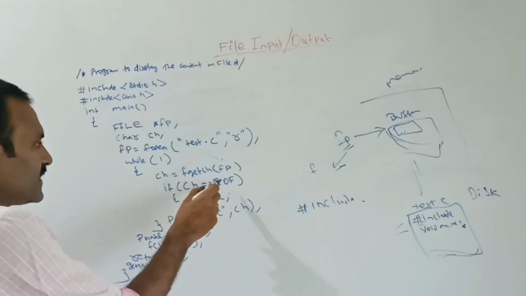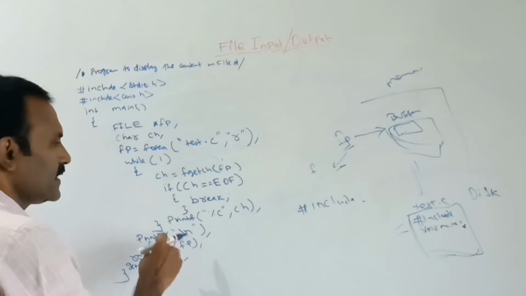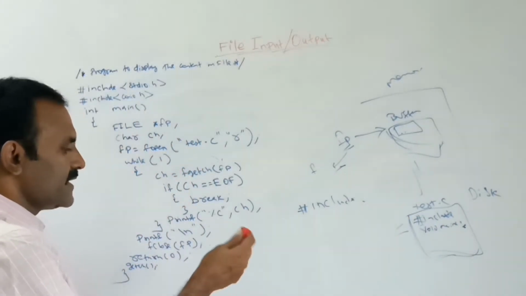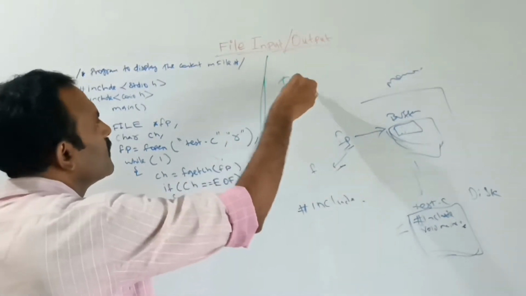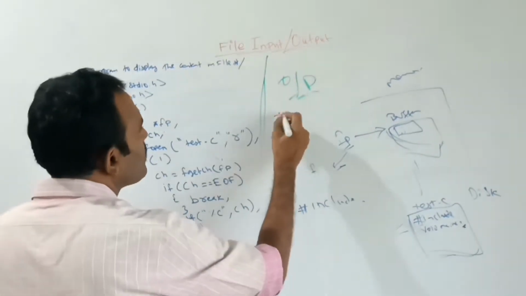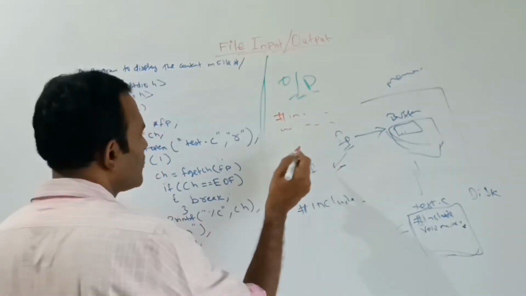If it is not EOF, it will print character by character on the display screen, so this output will be displayed like this. Whatever content is inside that file will be displayed here in the output. What is the content? Very first that symbol will be displayed, next void main, after that it will come outside.